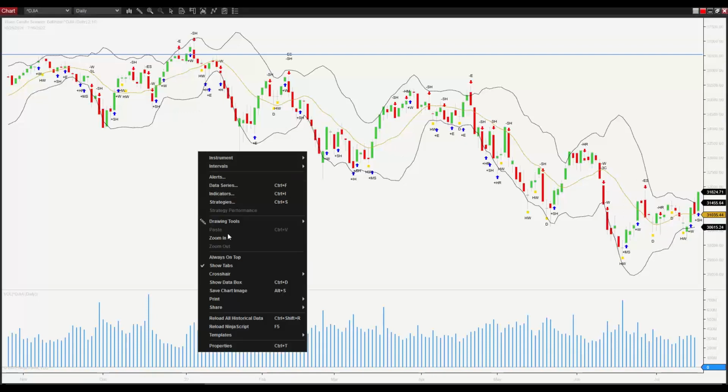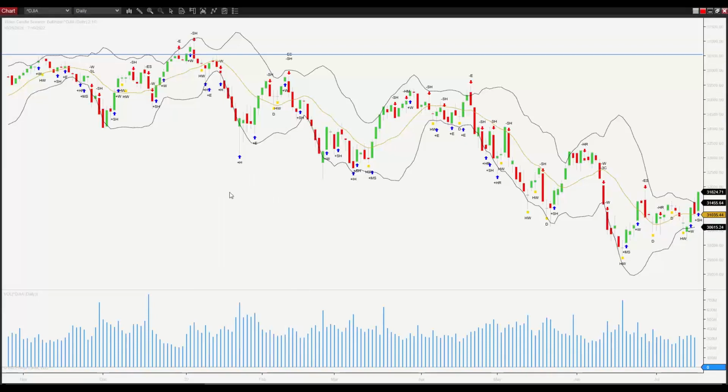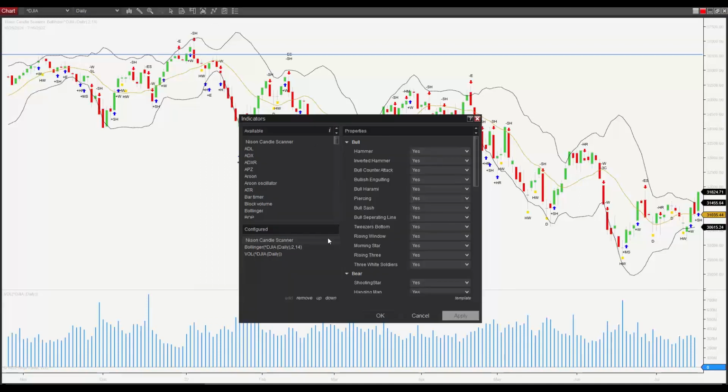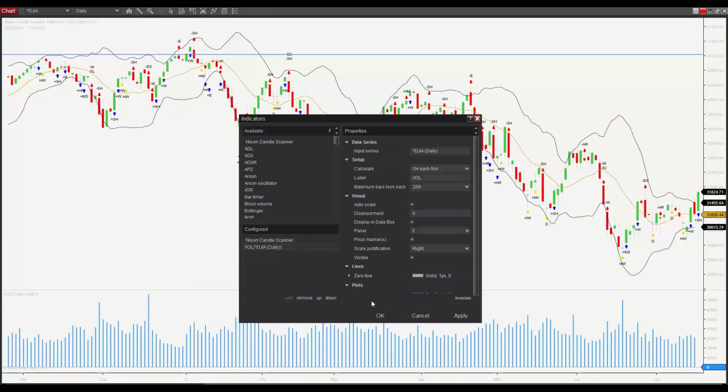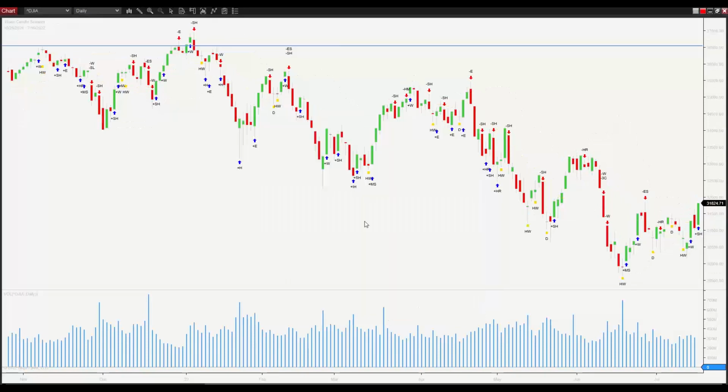I'm going to remove those Bollinger Bands, apply and hit OK, to make it more clear so that we can focus more on the Nison Candle Scanner. Below here I have a regular volume indicator showing me how much volume we have. I like using volume to reconfirm if a candle pattern is really as strong as it looks, depending on how much volume we had there.